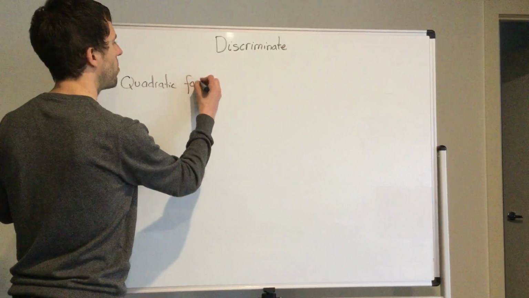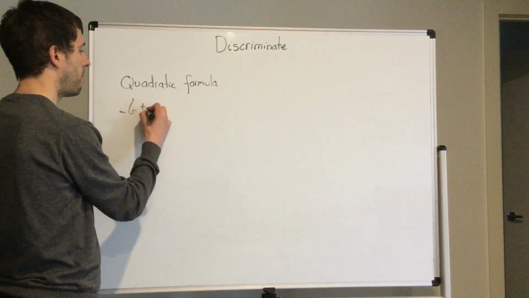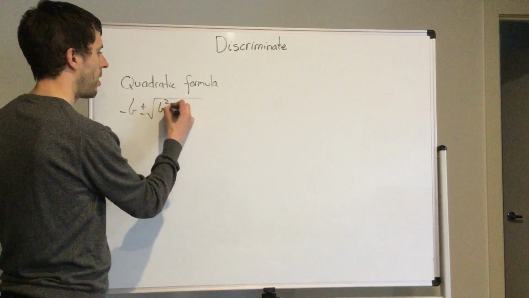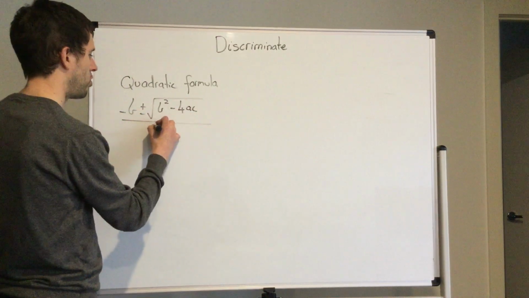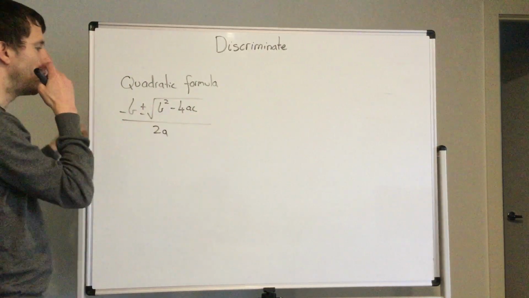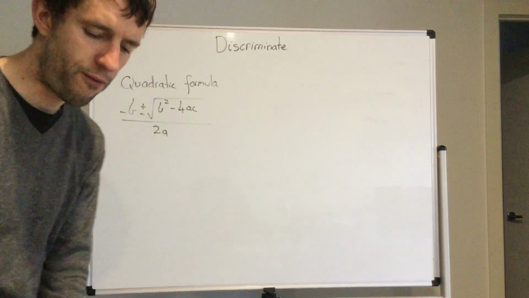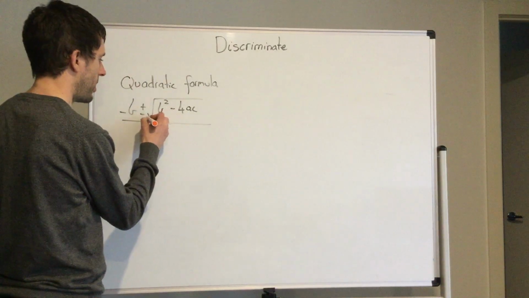The quadratic formula is negative b plus or minus the square root of b squared minus 4ac, divided by 2a. So that is our formula. Now our discriminant comes in a certain area and we are looking at this part right here.